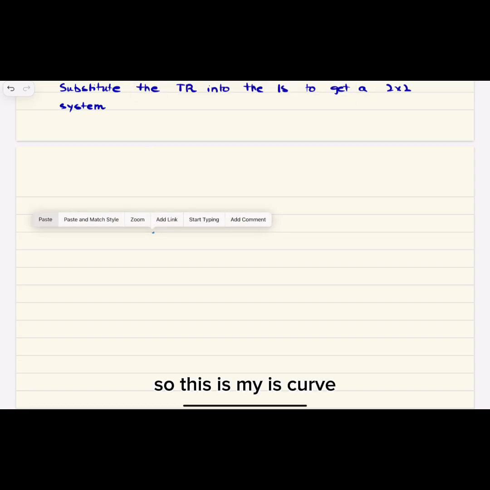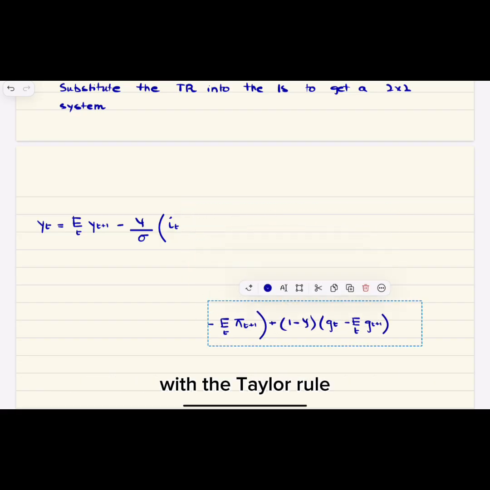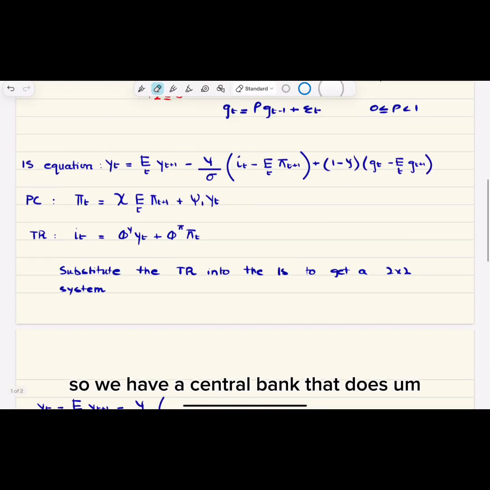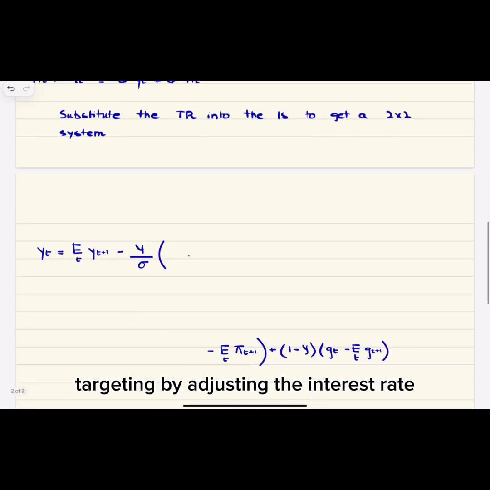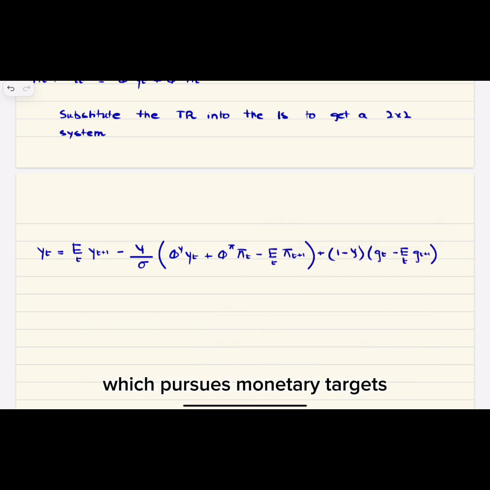So this is my IS curve, and I have to replace the interest rate here with the Taylor rule. So we have a central bank that does output and inflation targeting by adjusting the interest rate. We don't have a central bank which pursues monetary targets.